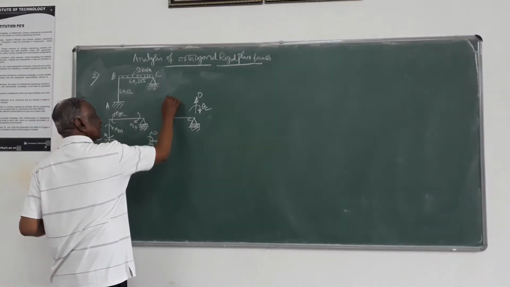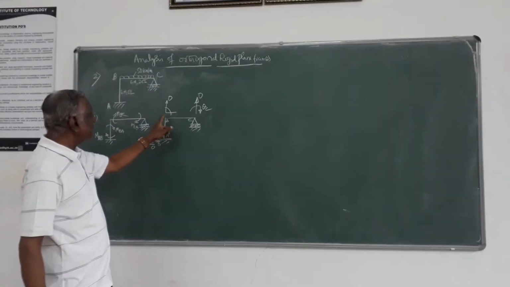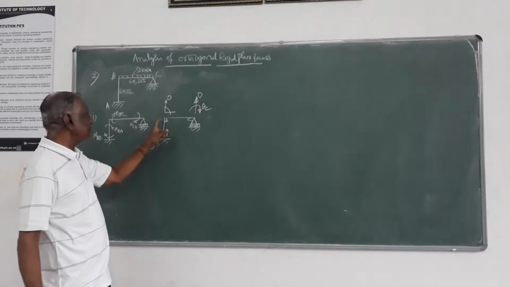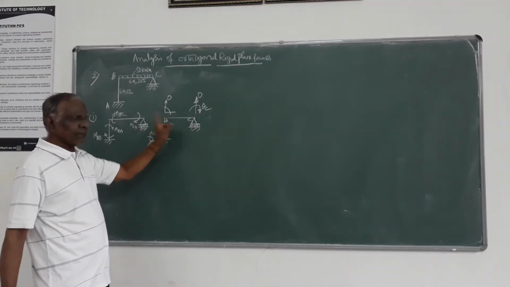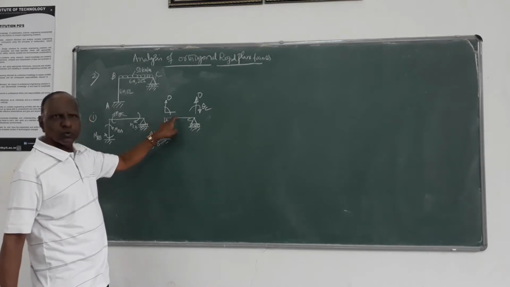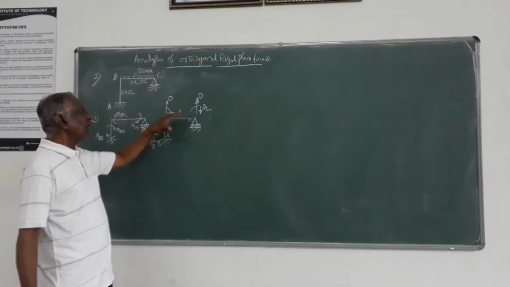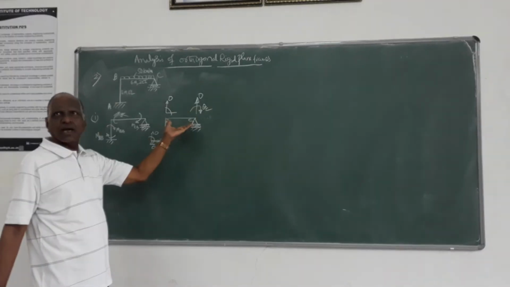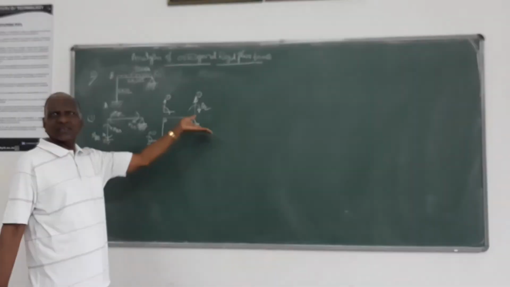So this displacement is ruled out. But when you come to the horizontal displacement, the B end of member BC, which is meeting at the joint B, if B moves either towards left or right, then C also should move, which is possible here because it is a roller.